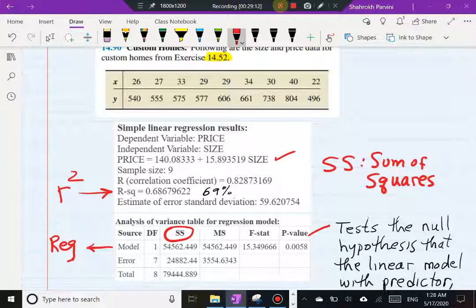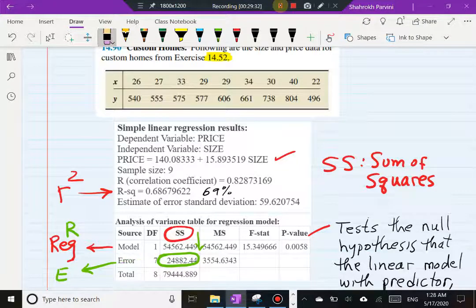And this other row right in here, the error, that's self-explanatory. That's the E. The regression was the R, and the SS column where E appears, the row-column combination, is going to be 24,882.